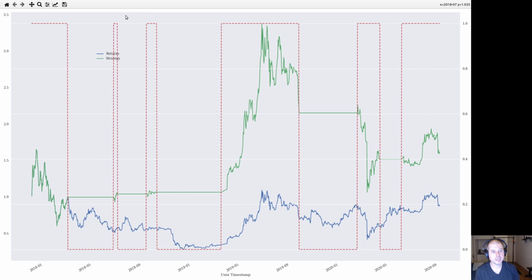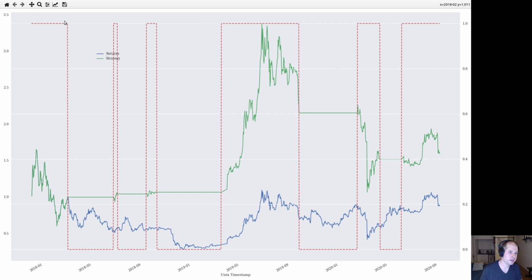So here we are. At the beginning of this time, the bot was holding. If you look at this red dashed line, that corresponds to this y-axis on the right, and 1.0 means hold a full 100% of your assets in Bitcoin, and 0 means to get out of the market.